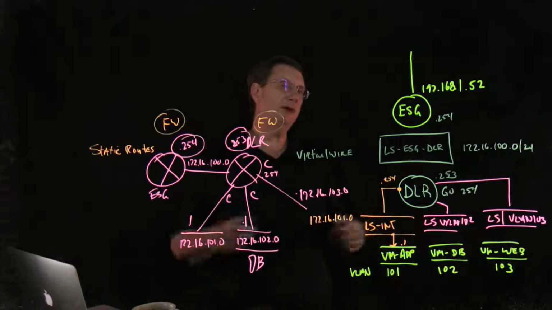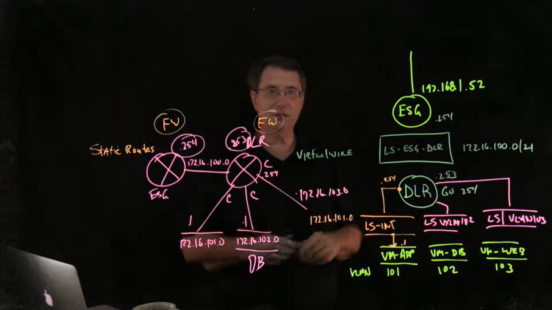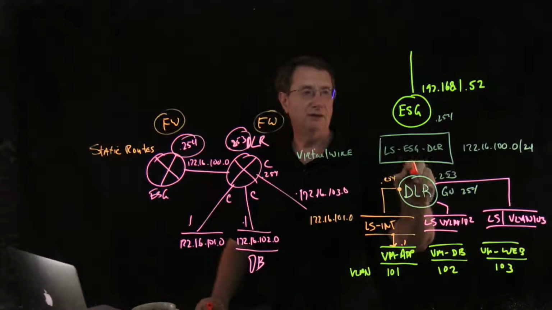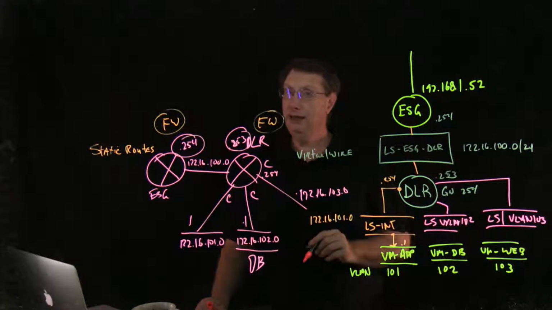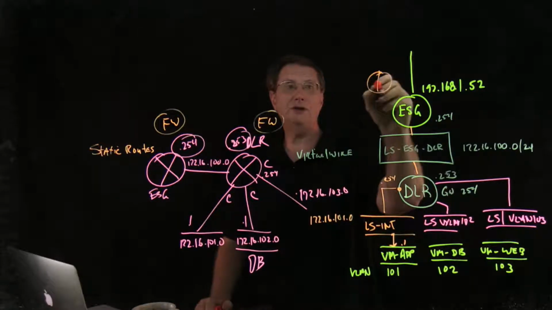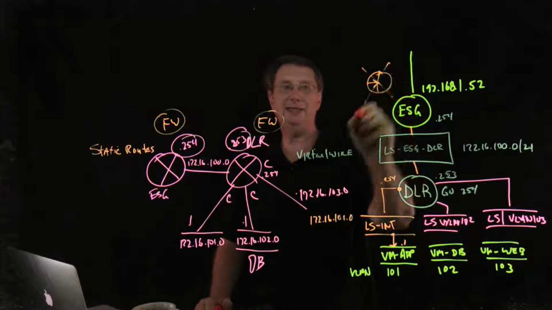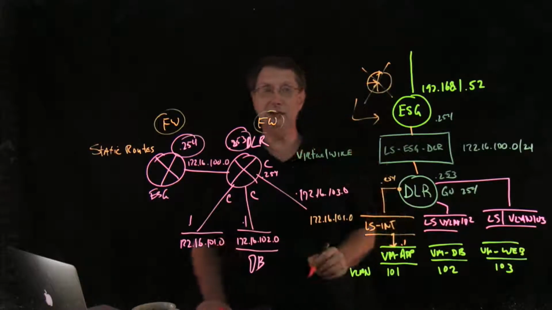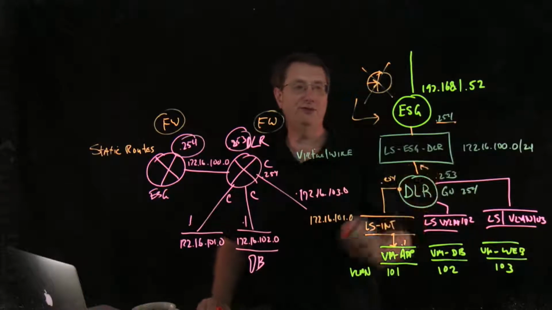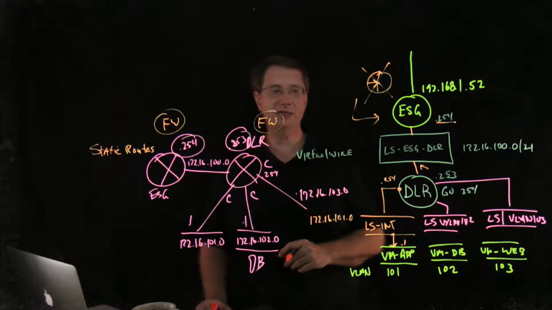So I'm trying to cover as much information as I can in this course, but basically what we just did is we implemented the links between the ESG and the DLR. We took the firewall that is currently running and we disabled it inside of the ESG. We assigned those addresses of 254 and 253 up here, just like we had anticipated.